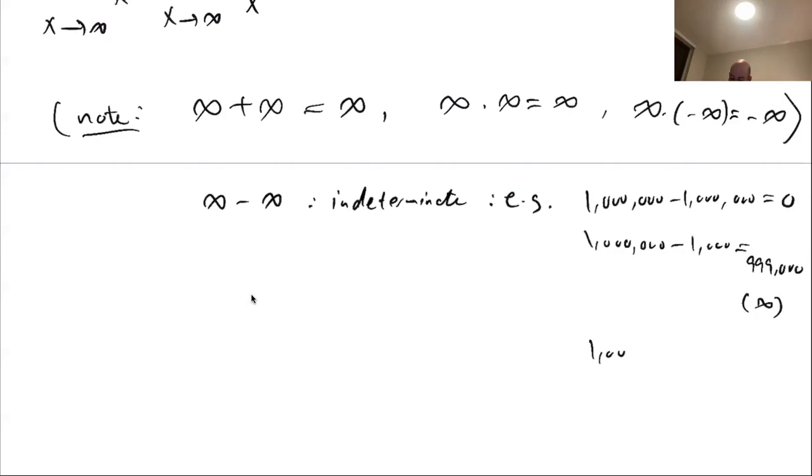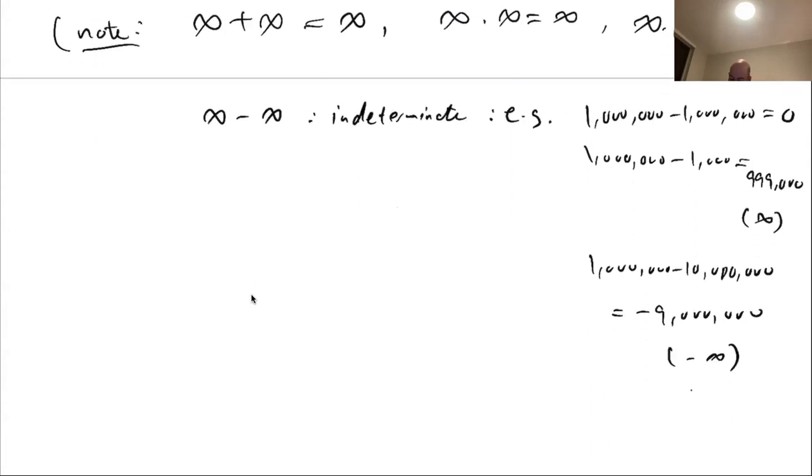Or 1 million minus 10 million is minus 9 million, which is minus infinity, and so on.